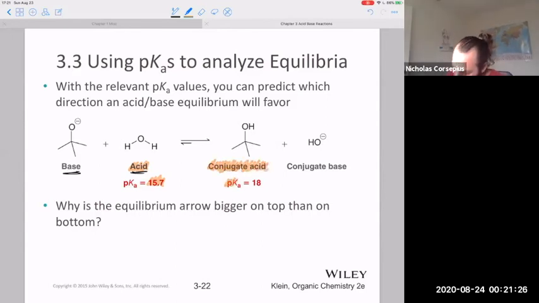This has a pKa of 18, whereas water has a pKa of around 16. So again, formation of the weaker acid. Which one of these is the weaker acid? That's going to be the one with the higher pKa. In this case, my reaction is going to favor the products.